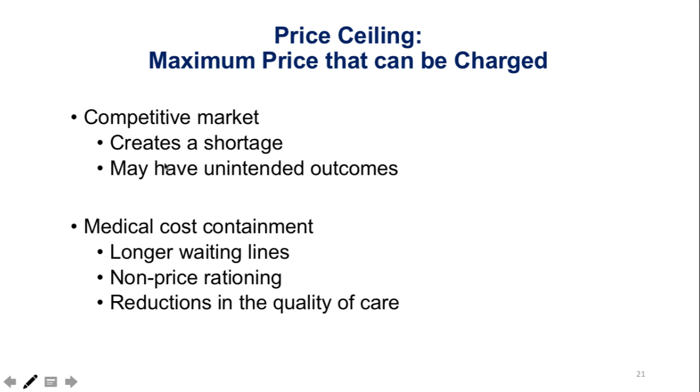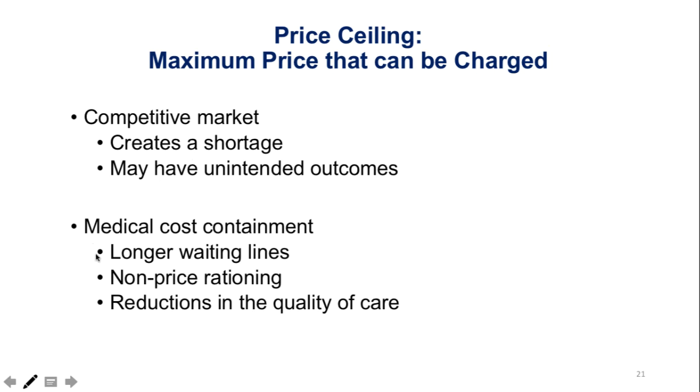In a competitive market, a price ceiling can create a shortage when the price is set below the perfectly competitive market price, below the intersection of the demand and supply. This creates a shortage, and it may have consequences.